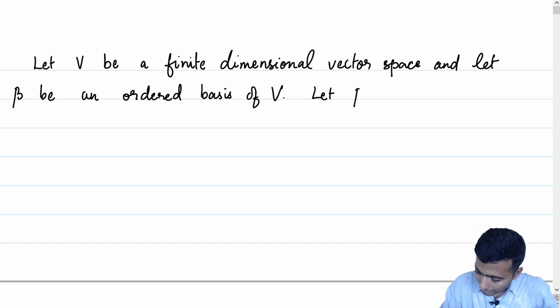Let beta prime be another ordered basis.